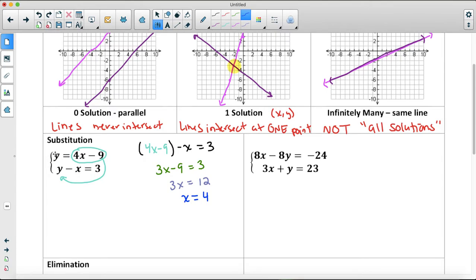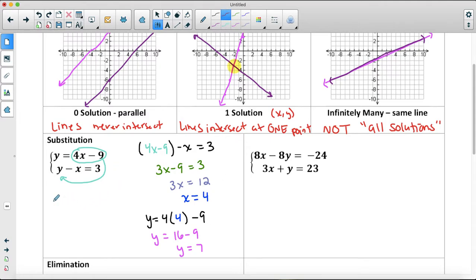Now this first equation, y is already by itself, so I'll focus on that one. I'll focus on y equals 4 times what our x value is, and then subtract 9. So we'll have y is equal to 4 times 4 is 16 minus 9. So y is equal to a positive 7.